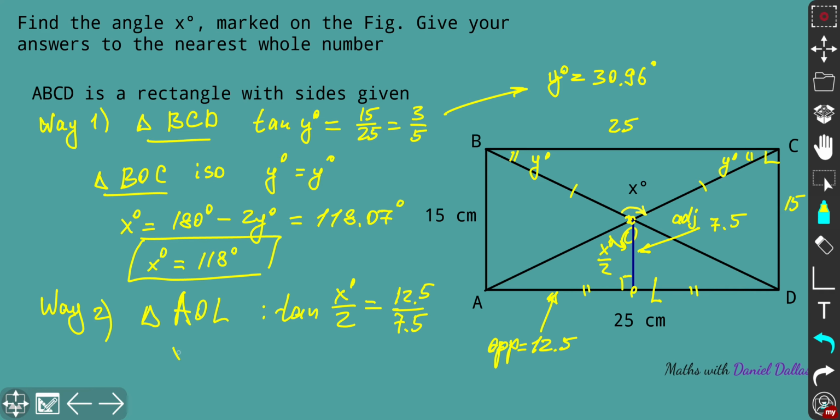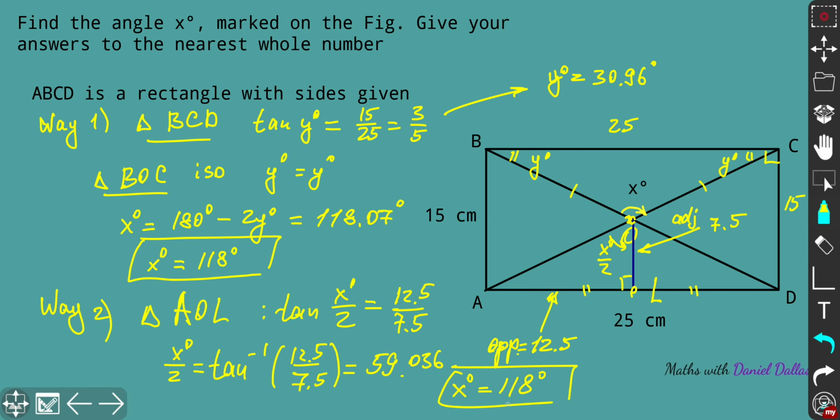From there, we can express x over 2, which is simply tan minus 1 of 12.5 over 7.5, okay? So we use tan minus 1 of that. And what I've got 59.036. Okay, now I times by 2 simply, okay? Times by 2. And I'll get, of course, the same result, 118. So x from there is 118. As you can see, the same result that you can obtain two different ways.